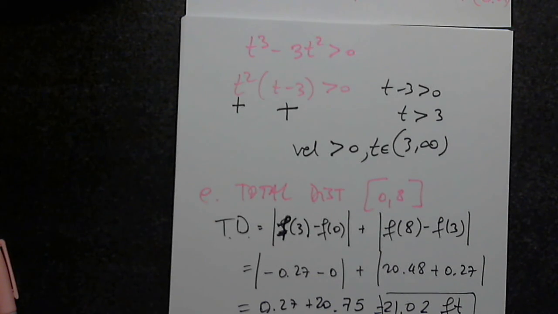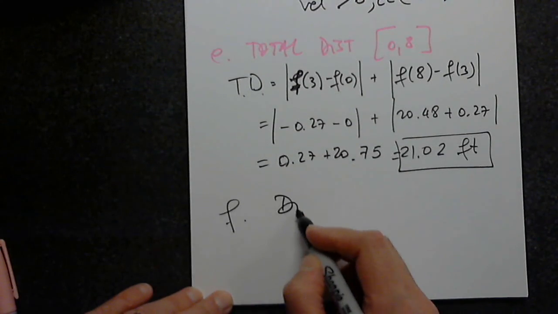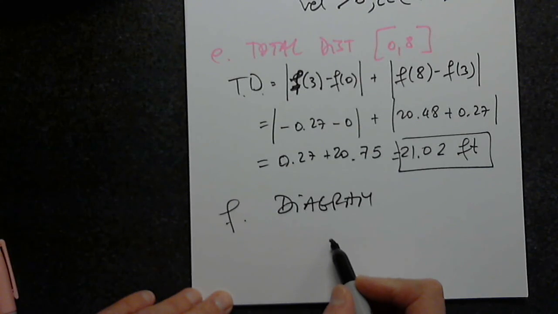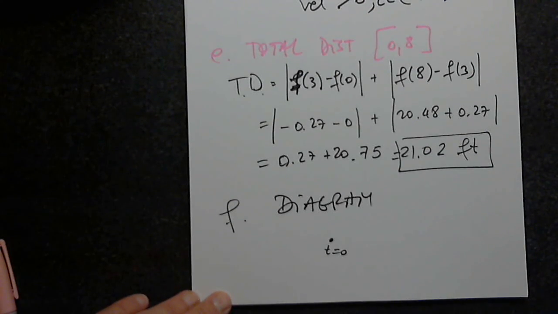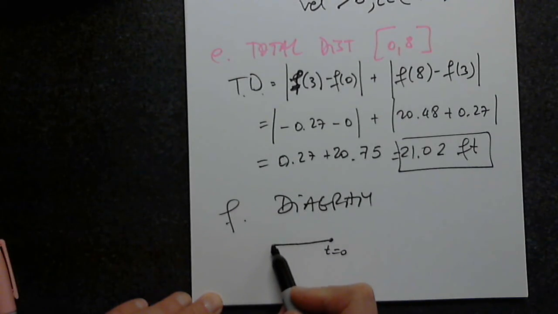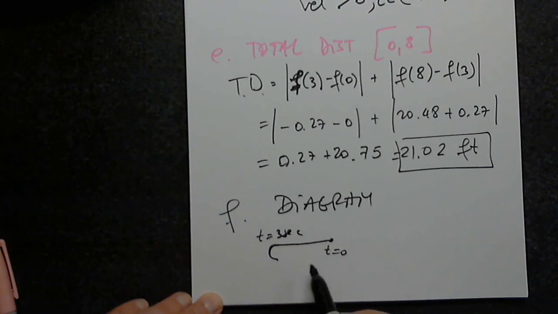In F they want the following diagram. So the particle is right here at t equals 0. It goes in this direction for 3 seconds, and then 3 seconds, so this is 3.